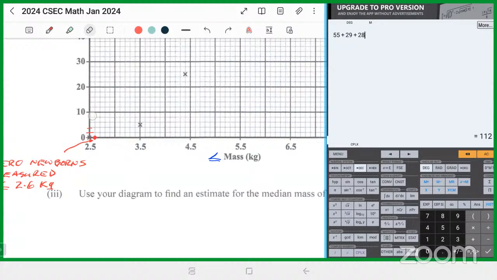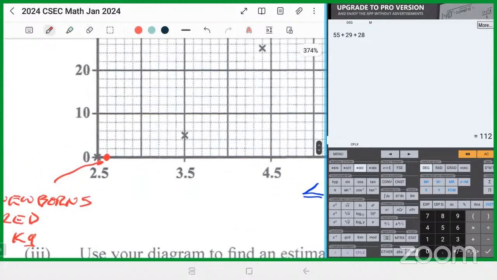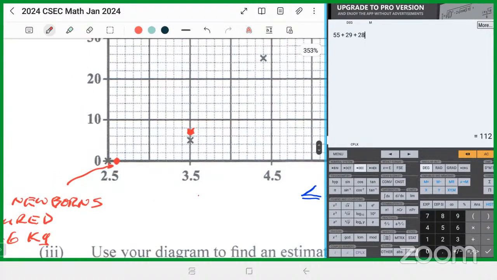So let me show you where it is supposed to be. 7, 2, 4, 6, 8. Right? So this is 6 and this is 8. This point really should be here. 2, 4, 6. Here is where that point should be. And if you see that in the exam room, don't be afraid to correct it. That's where 7 is.